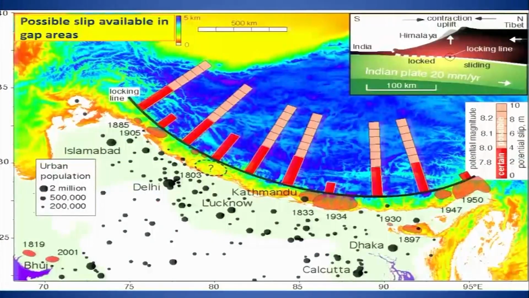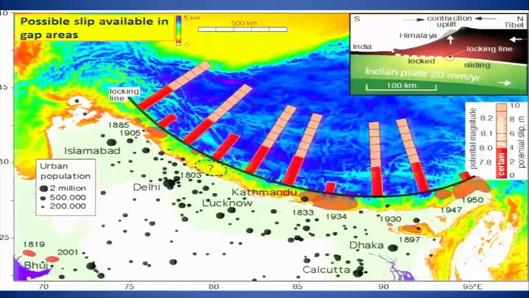Now, based on the past historical earthquakes, this was the hypothesis which came up, that the amount of strain or the potential slip which is available here is the same all along the Himalayan arc because of the ongoing collision, or partial subduction, between the Eurasian plate and the Indian plate.